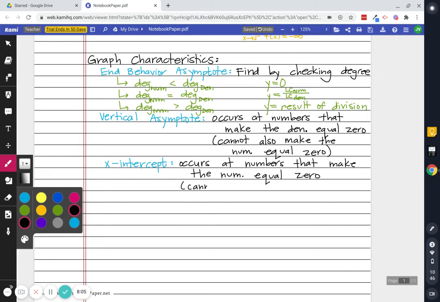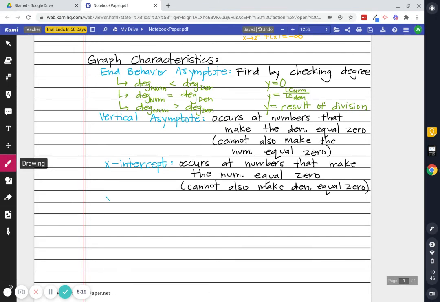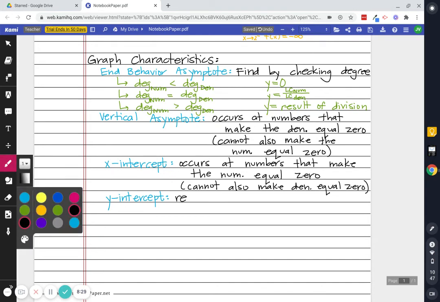Our rule, they cannot also make the denominator equal 0. In other words, they have to be unique to the numerator. Y-intercept is the result when 0 is substituted for x.